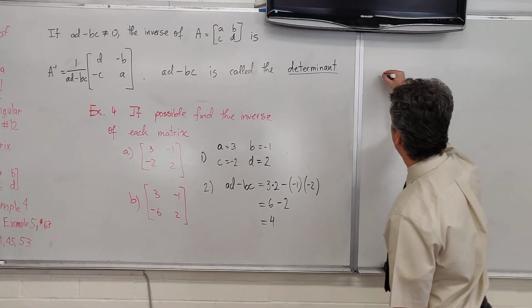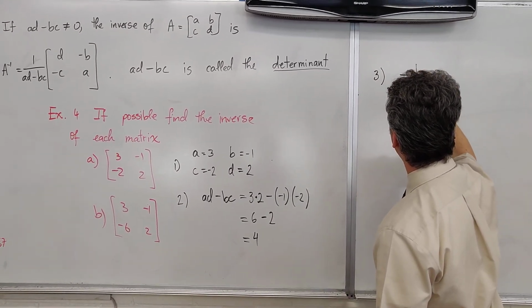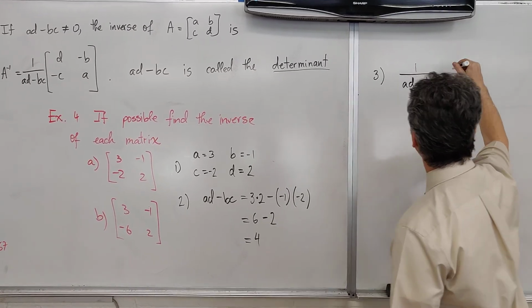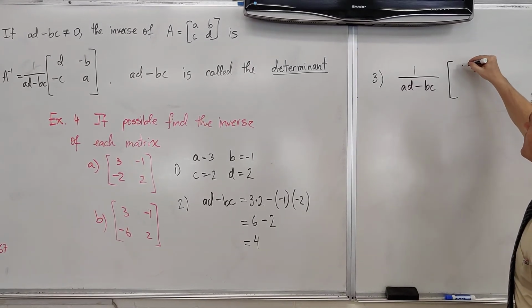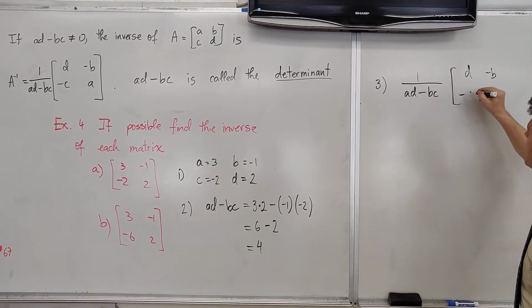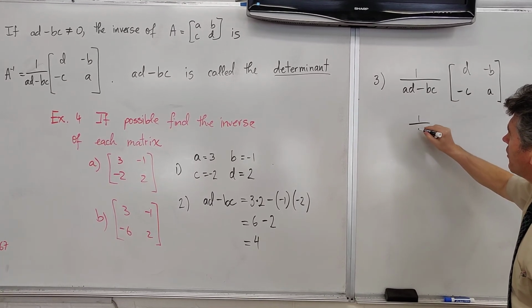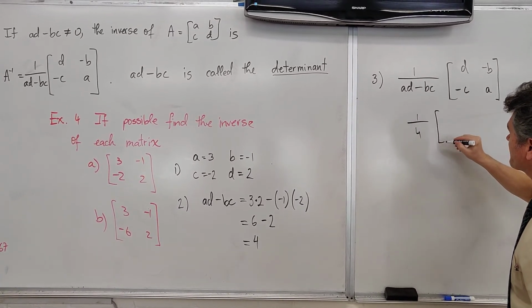Third step, write down the formula. It won't hurt you. 1 over AD minus BC, switch the D and the A around, take the opposite of B and take the opposite of C, and finally replace 1 over 4.